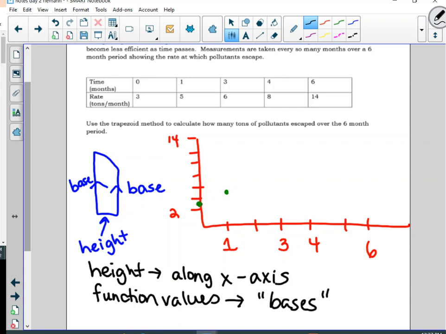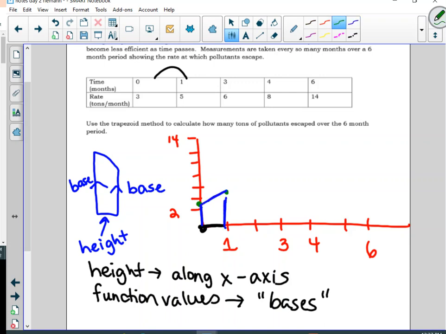So when I do my first trapezoid from 0 to 1, and we usually do as many trapezoids as the data in the table suggests, it is going to look something like that.